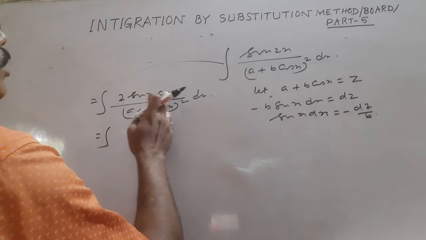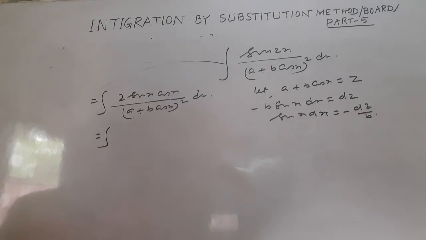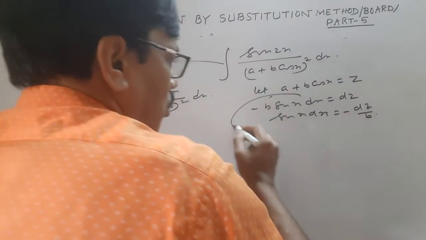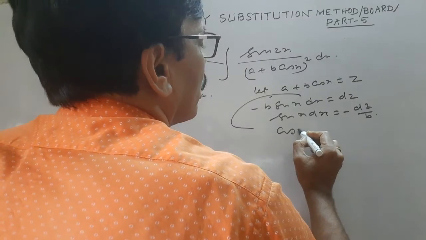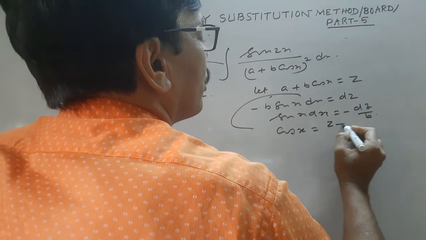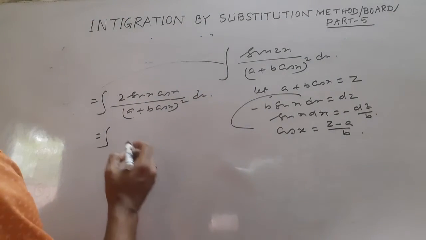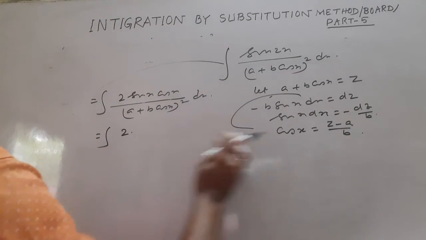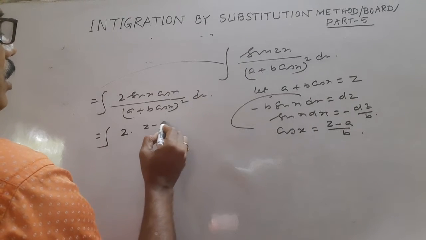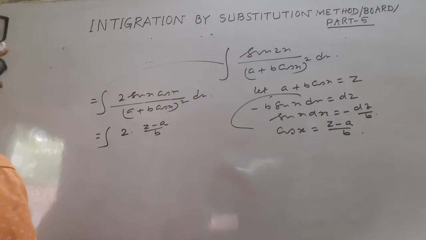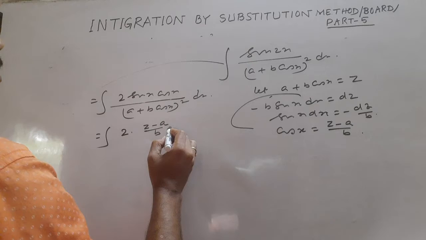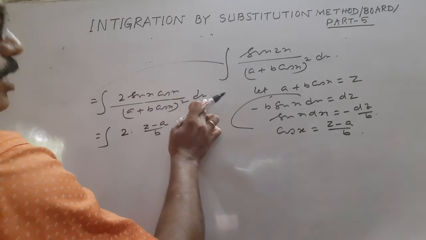Now you are getting 1 cos x. Now what is the value of cos x in terms of z? z minus a by b. So look, 2 unchanged. What is cos x? z minus a by b. Now what is sin x dx?